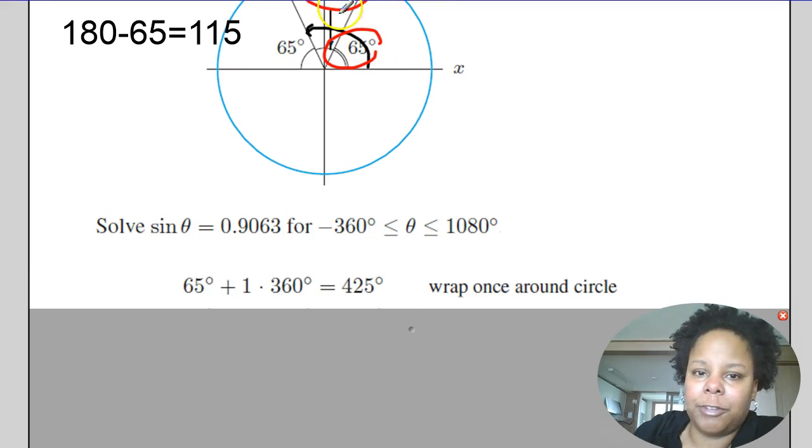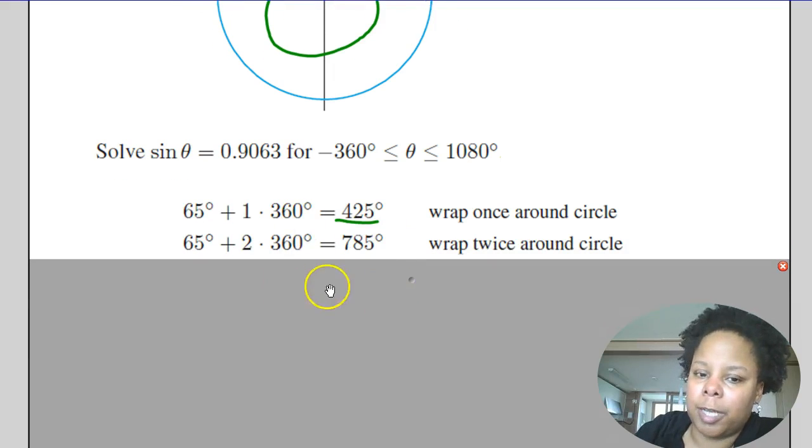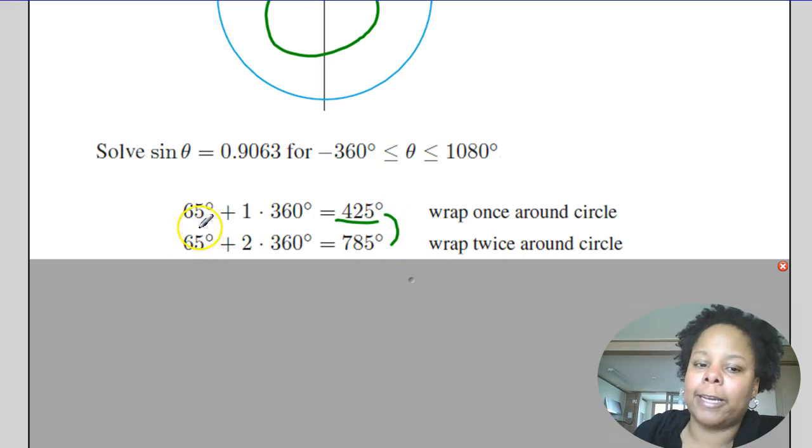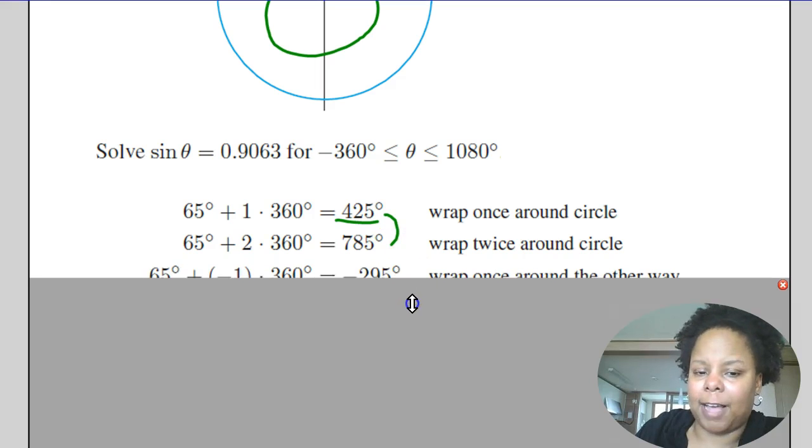So if I'm at 65 degrees, then one time around the circle, back at this point, will be 360 added to that 65 degrees, so I'll get 425. I wrap around the circle a second time, which is another 360 degrees, so I add 360 to 425 and I get 785. Or I can take the equation 65 plus 2 times 360 and get 785 as well.